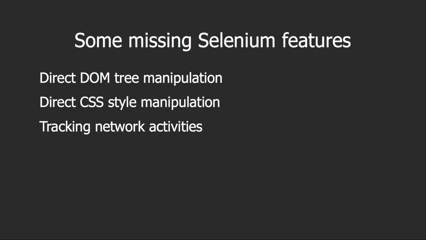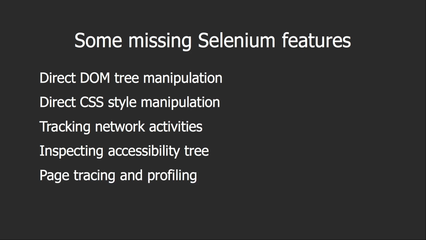It's impossible to track network activities in a tested web application. We can't inspect the accessibility tree, so we can't test that our application works correctly for people with disabilities. We can't do any page tracing and profiling, such as how much memory it consumes, and we certainly can't subscribe to any events occurring in the tested web application.